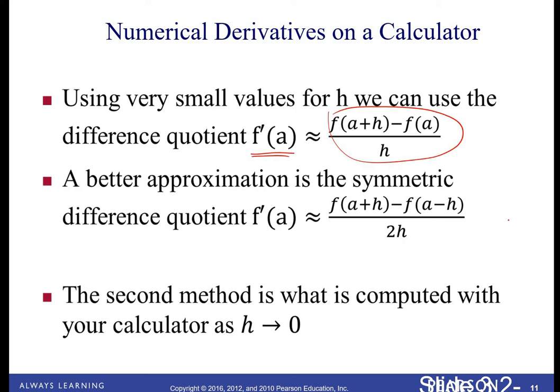In other words, we're going to again take our point a, but instead of just going a and a plus h, we're also going to go a minus h, and we're going to divide by 2h, so that we are taking the average of these two very small approximations. The calculator uses this second method, so it gets a very accurate derivative for us.